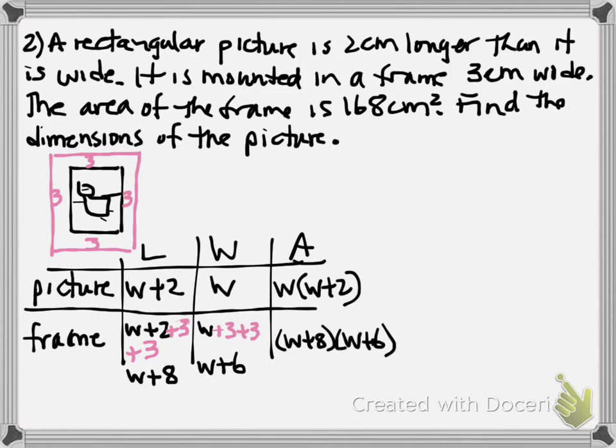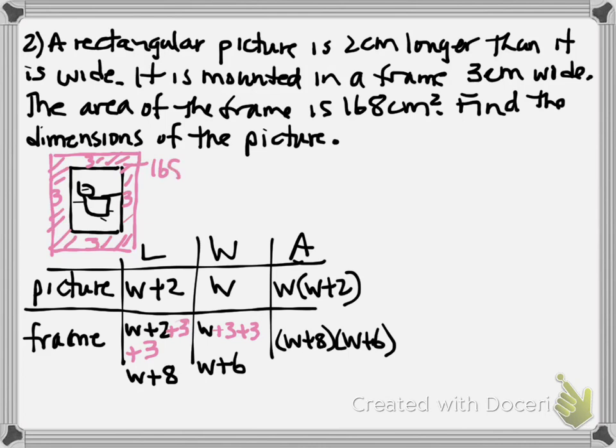Then it says that the area of the frame is 168 squared centimeters. So where in my picture would you see this 168 squared centimeters? What are they referring to? Okay, Chloe? Yeah, they're talking about the pink part, not just the outer edge, but the whole pink frame itself.